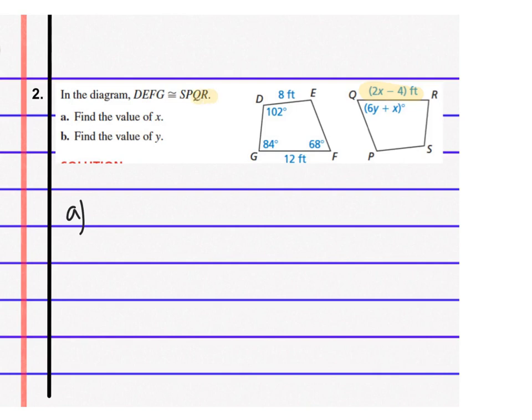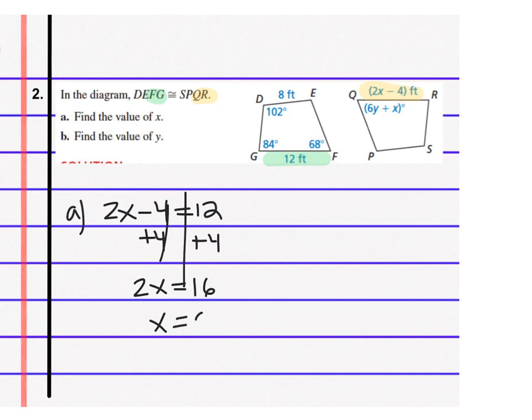QR, the last two letters, is congruent to FG, which is 12. So I'm going to say 2x minus 4 equals 12. I'm going to solve for x. And x equals 8.